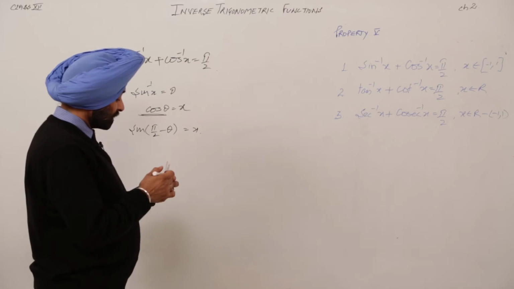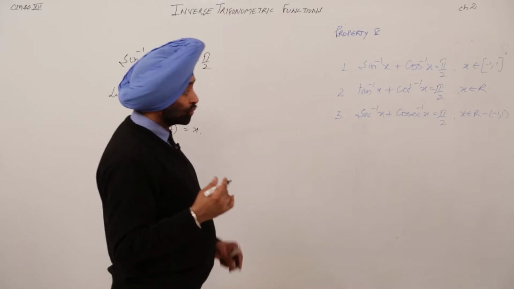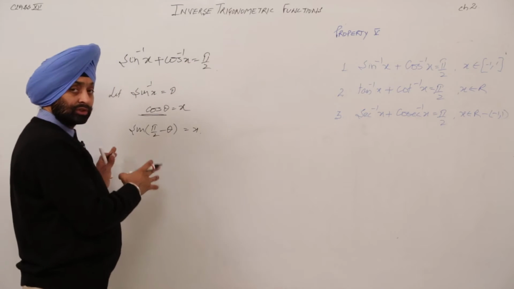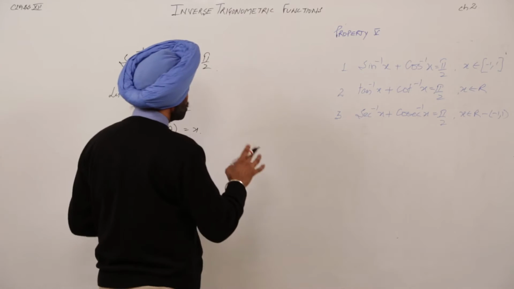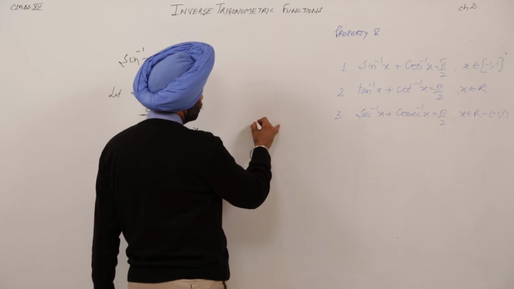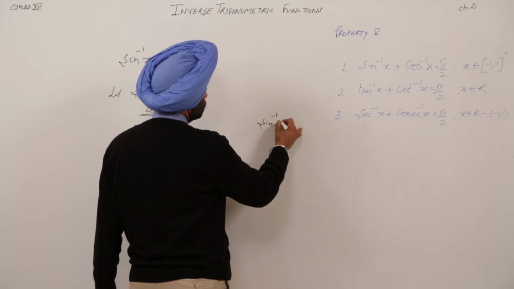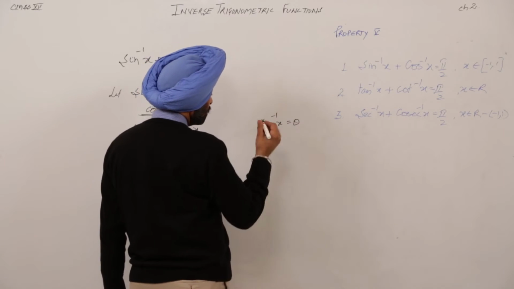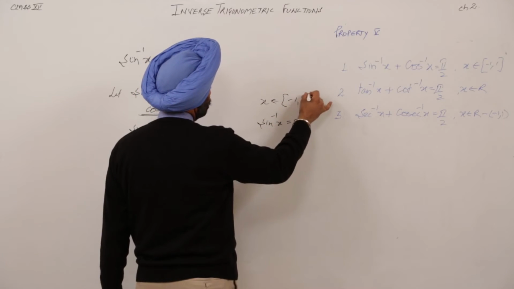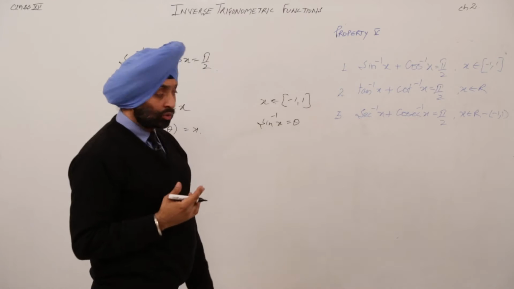Now as we are in the senior most class, class 12th, what should we do? We should not do it like this. Just for your understanding, look here. We have sine inverse x is equal to theta. Now where does x belong? X belongs to minus 1 comma 1, that is the domain.